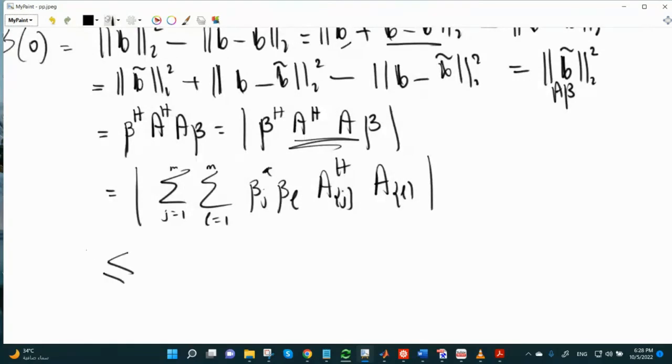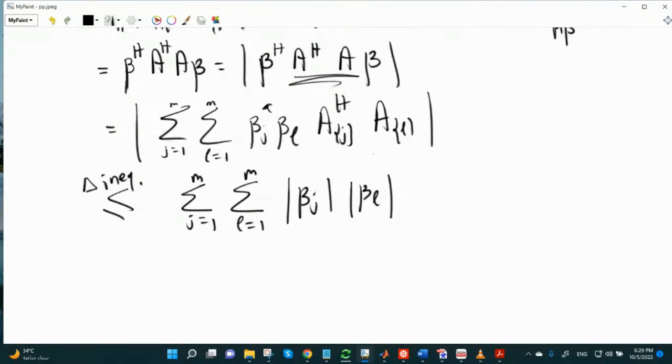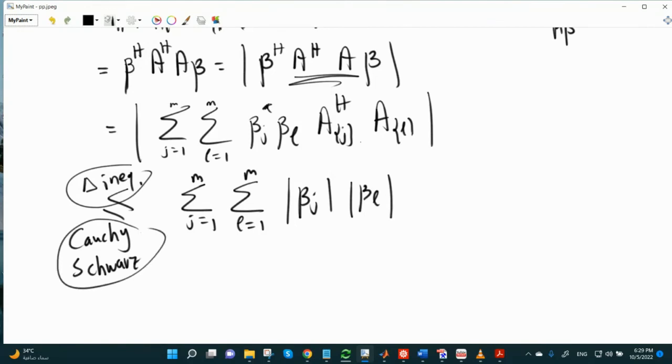And now we can apply the triangle inequality. If we apply the triangle inequality, then this thing becomes magnitude beta j, magnitude beta l. And together we have Cauchy-Schwarz, a valuable friend here. So again, when you apply the triangle inequality, the magnitude of the sum is less than or equal to the sum of the magnitudes.